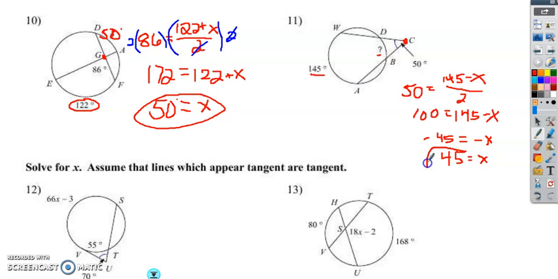So there's my value. That makes this arc in here that we were trying to find 45 degrees. This is a 45-degree arc right along here. And then remember, you could do 145 minus 45, that's 100, and 100 divided by 2 is 50.